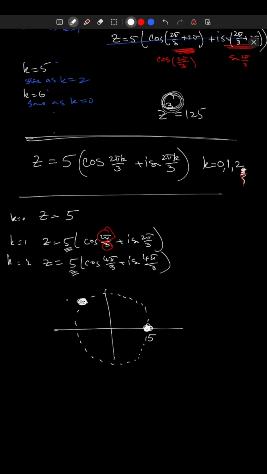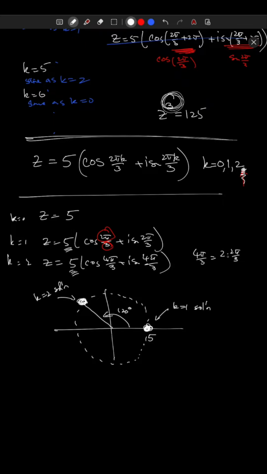All right. So this is my k equals 1 solution. This one here is my k equals 2 solution. Okay, what about the next one? The next one is 4 pi over 3. But what's 4 pi over 3? So 4 pi over 3 is 2 times 2 pi over 3. 2 pi over 3 was going around from here to there, 120 degrees.